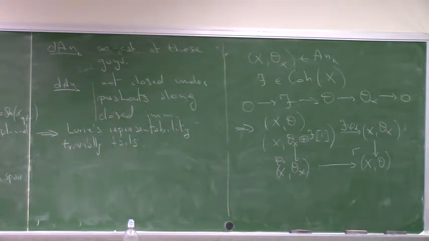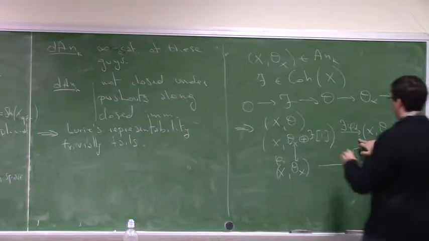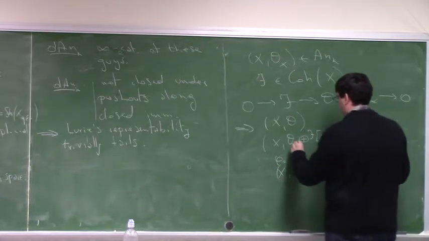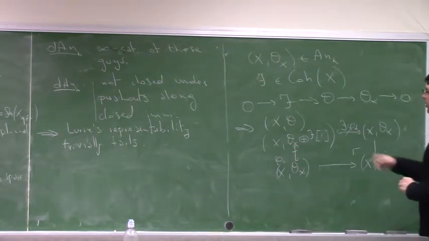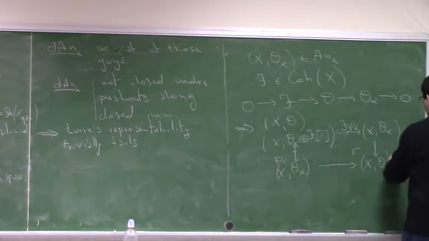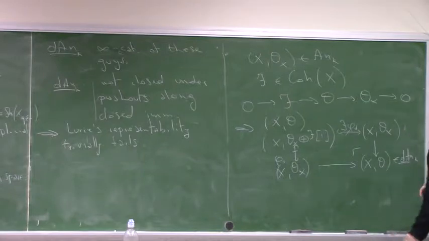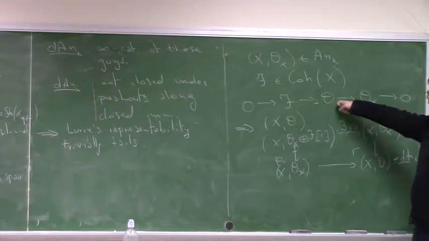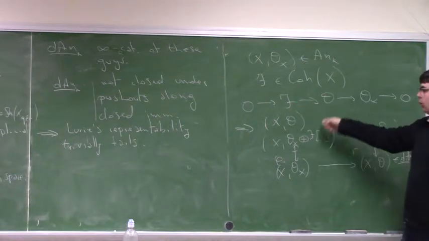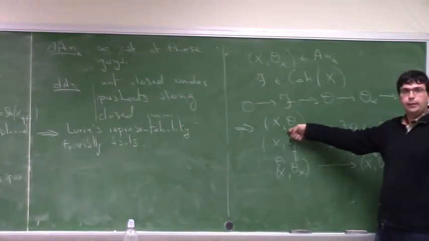This is a general theorem in derived algebraic geometry. And this map is a closed immersion because on π0 it is just the isomorphism. This is a closed immersion as well. So if this property were true, I would get that this guy belongs to derived analytic spaces. And now the point is there is a counterexample of Gabber that shows that I can actually choose F and O in such a way that this is not an analytic space.